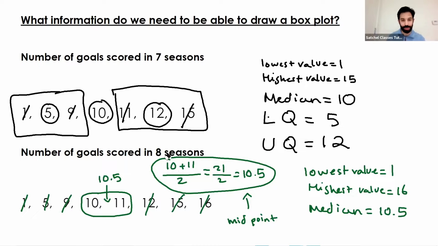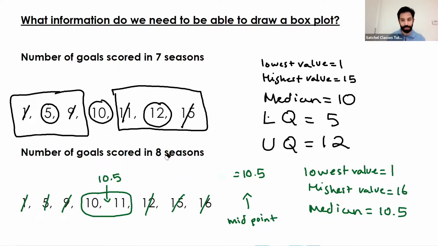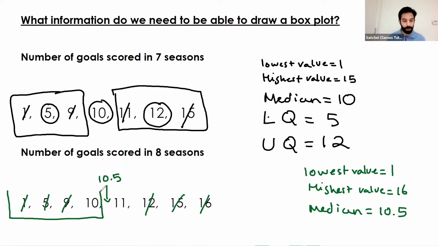Now, if I just erase this to give us a bit more space. So 10.5 is our midpoint. To find the lower quartile, what we need to do is find the median of the lower half.